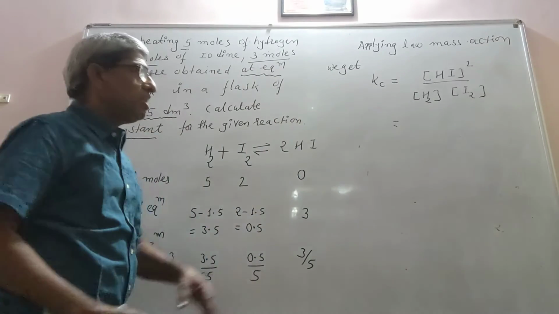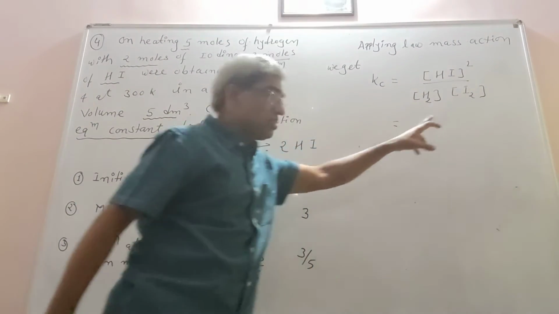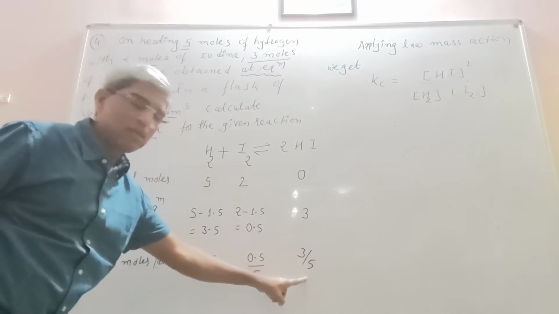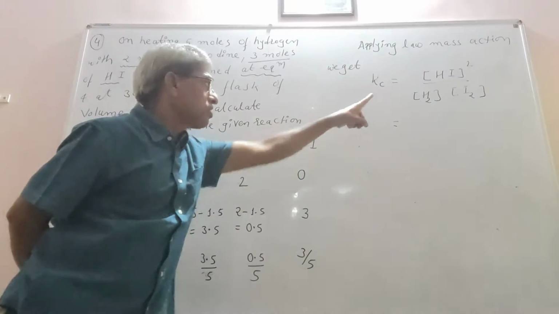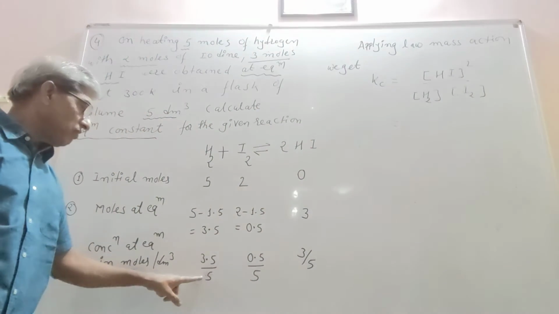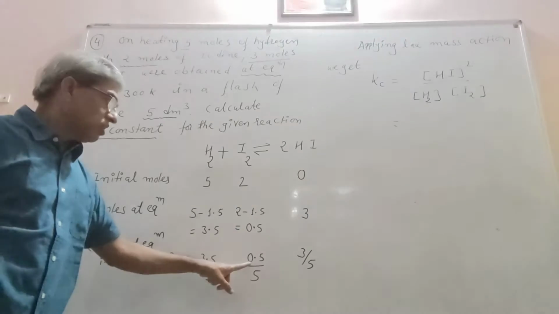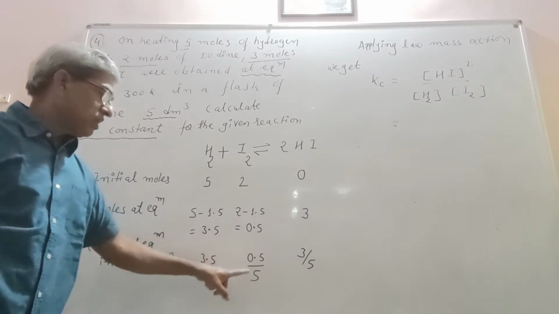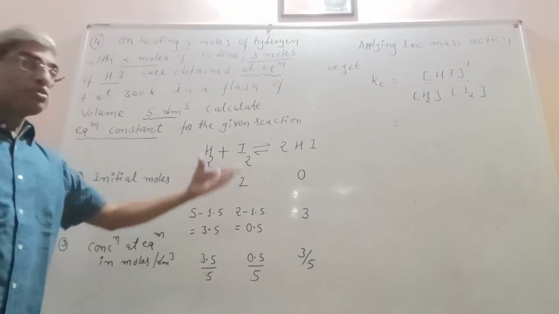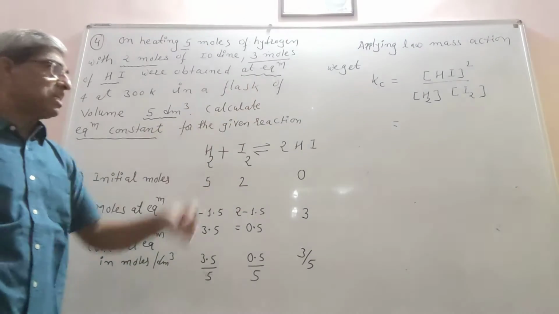Now we have the values of these concentrations. Concentration of HI is 3 divided by 5, concentration of H2 is 3.5 divided by 5, and concentration of I2 is 0.5 divided by 5. Substitute these values in that equation.